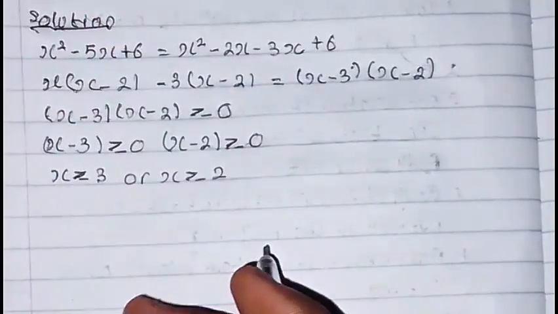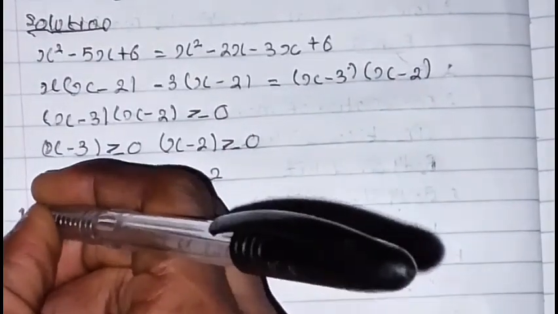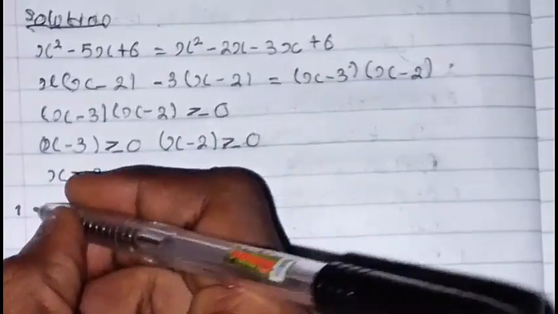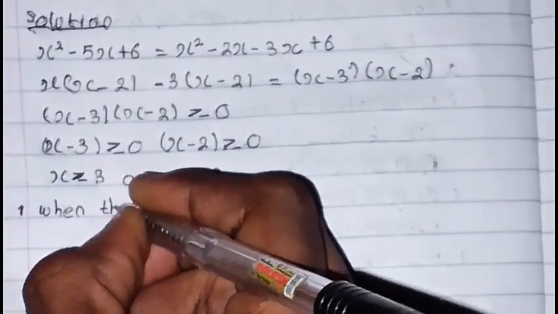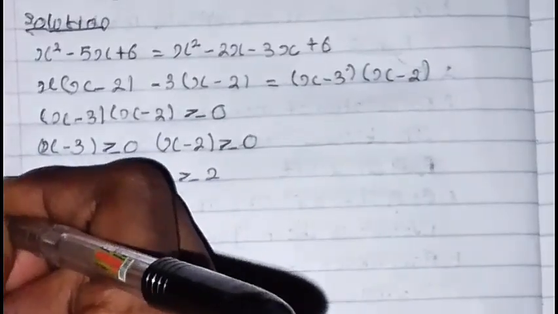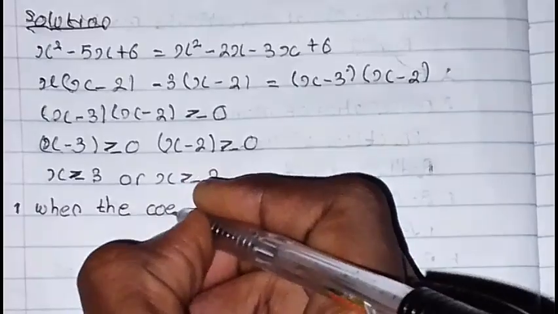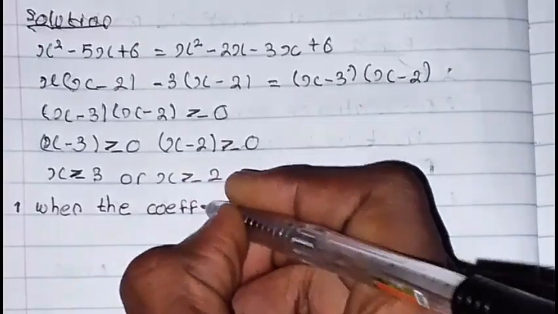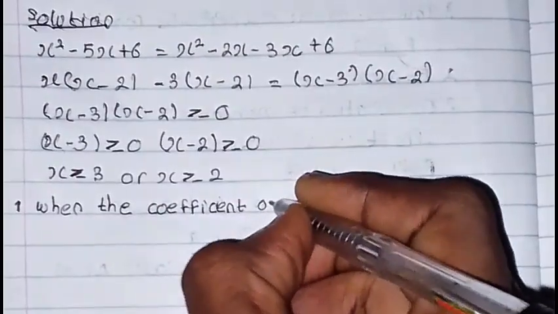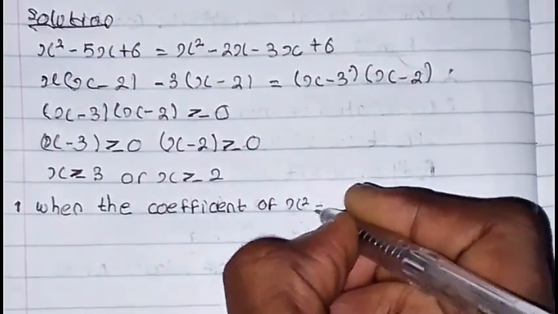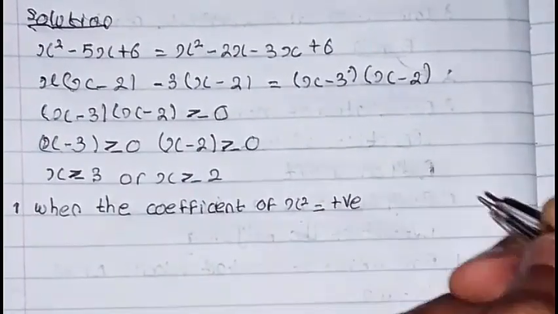Now, there are two kinds of quadratic equation. Case 1 of a quadratic equation is when the coefficient of x squared is greater than 0, in that case it is positive.